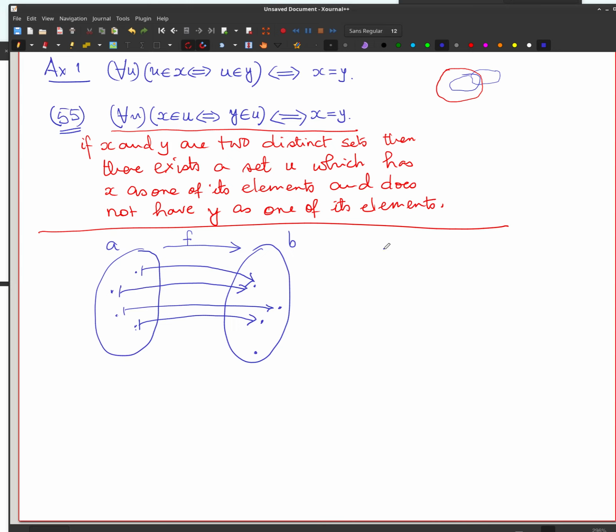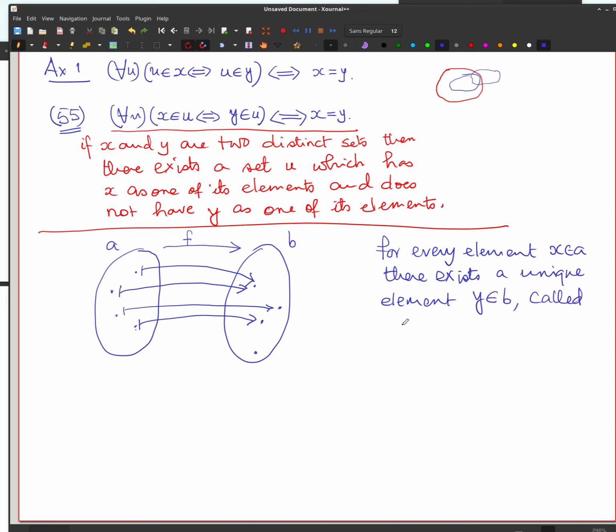So what is your idea? For every element x of A, there exists a unique element y of B called the image of x.